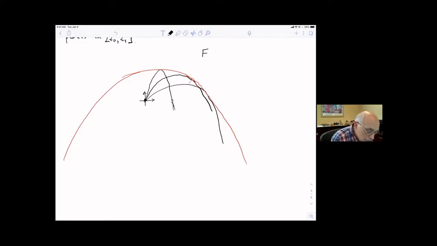So this is Maupertuis's principle, which was first discovered by Koenig, and a decade or two later was proven by Euler and was given Maupertuis's name. So this is a common injustice.